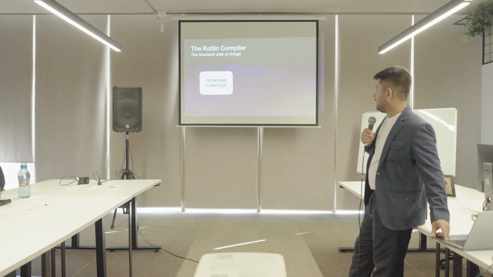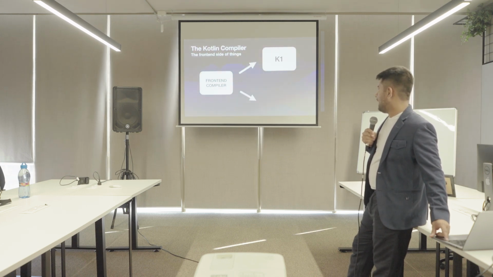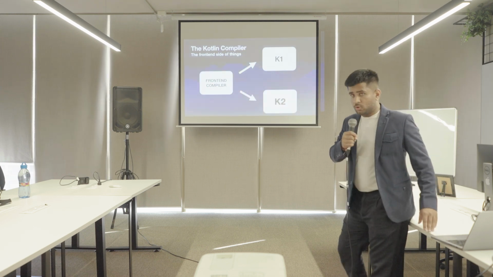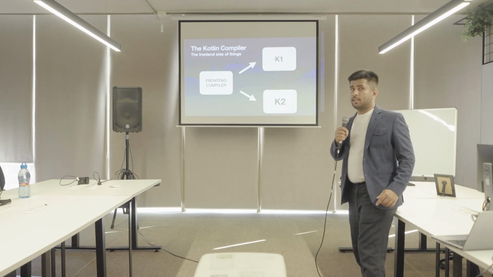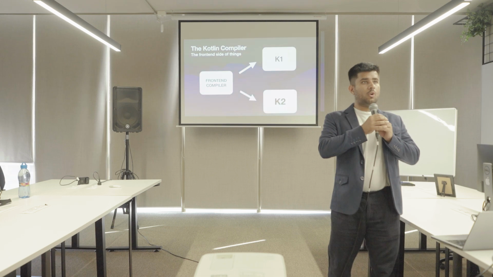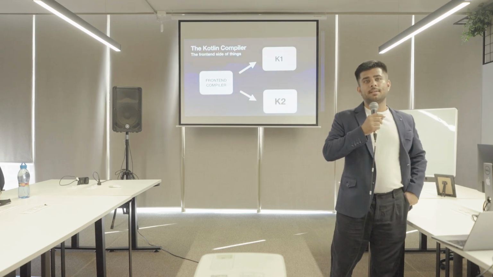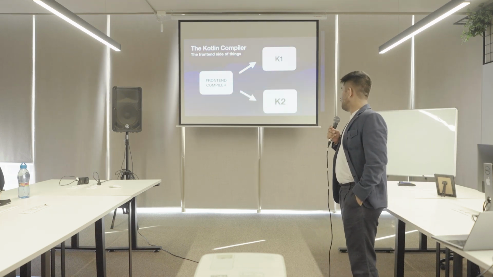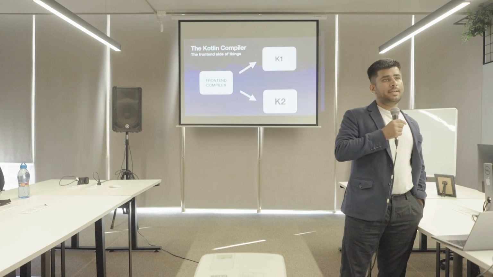Yeah, so let's see the front end side of things now. So this is your front end compiler. This has version K1 and this has version K2. K2, if you have not heard, is the most recent offering, that is Kotlin 2.0. It promises up to two times faster iteration and build times over K1.